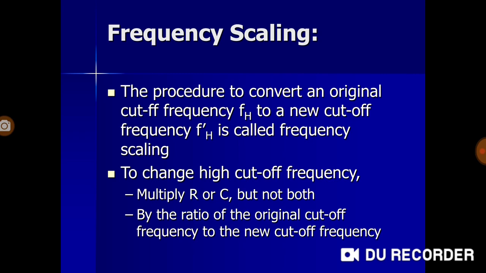And how do we do that? We get the ratio of the original cutoff frequency fh and the new cutoff frequency fh dash, fh by fh dash. We just multiply it with either the resistor or the capacitor, and preferably the resistor, by this ratio, and we get the new value of the resistor to be used.